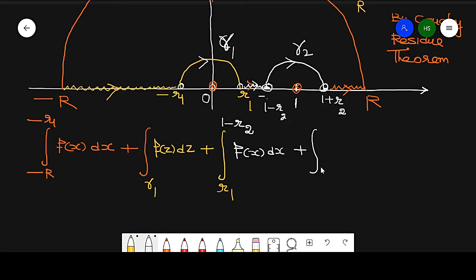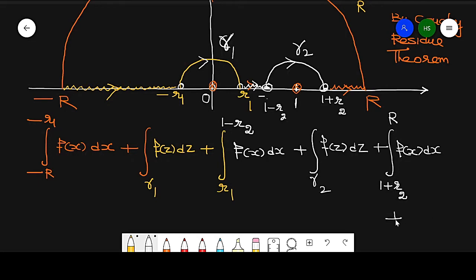Next integration is from r1 to 1 minus r2, then the integration around gamma 2 of f(z) dz, and after that the integration from 1 plus r2 to capital R, which is a real axis, f(x) dx.